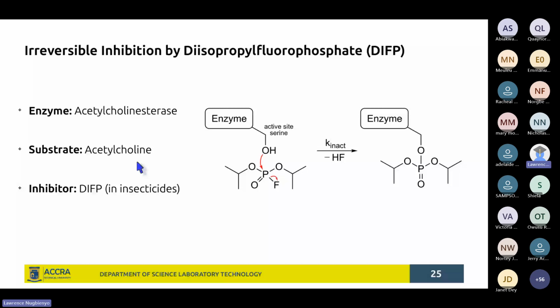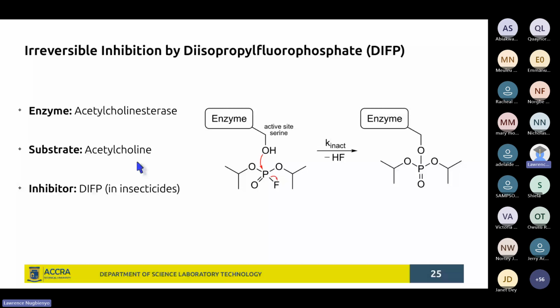So for instance, if you have acetylcholine binding onto the muscle cell, it causes contraction. Then acetylcholine esterase comes to hydrolyze the acetylcholine from the muscle cells, and that will result in relaxation of the muscles.